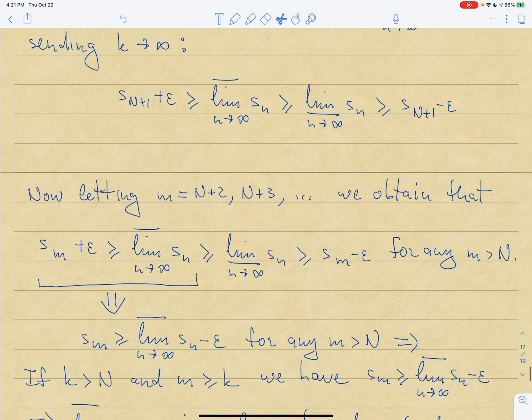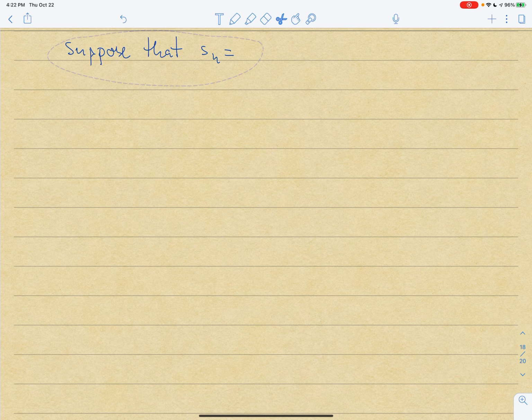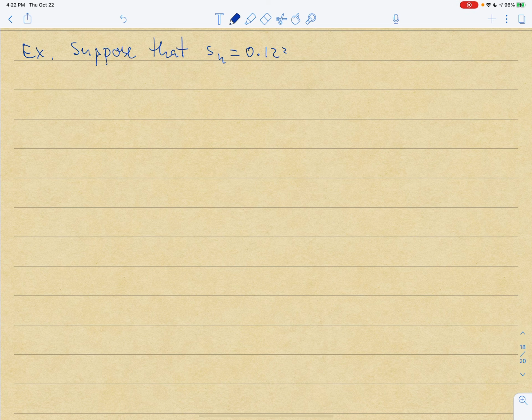Let's try to do an example of that. So let's suppose that Sn equals 0.1, 0.12, 0.123, etc., all the way up to n.